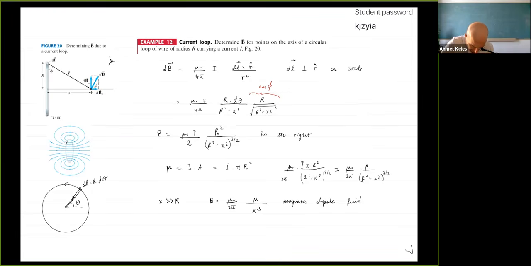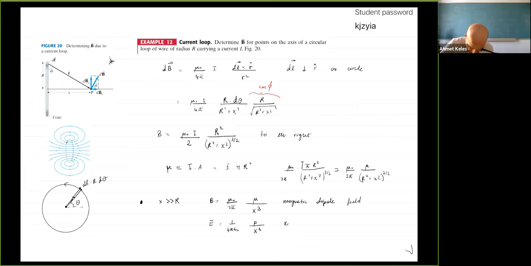So maybe I can remind you what the electric field of an electric dipole is, just to compare. So E, I guess I can just write it: E is equal to P, the electric dipole moment, divided by 4 pi epsilon naught x cubed.